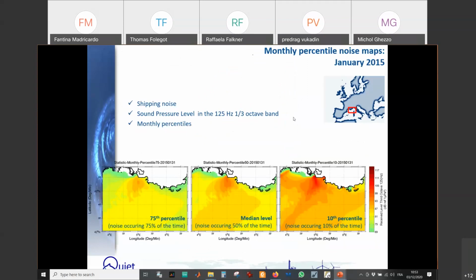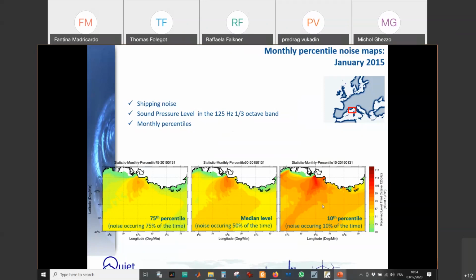Here is another example in the south of France, close to Marseille and Fos-sur-Mer. Marseille is here, this is one harbor, and you have another very large harbor here in Fos-sur-Mer. So 2 harbors in the Med. If we look at the different percentiles, it's the same area, same period of time, same frequency, for 1 month. If you change the percentile, you can see that the map is changing.